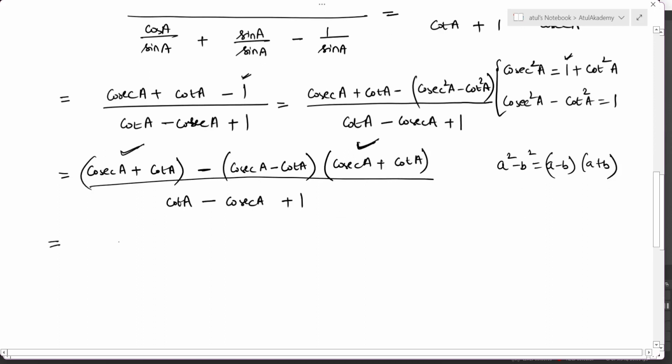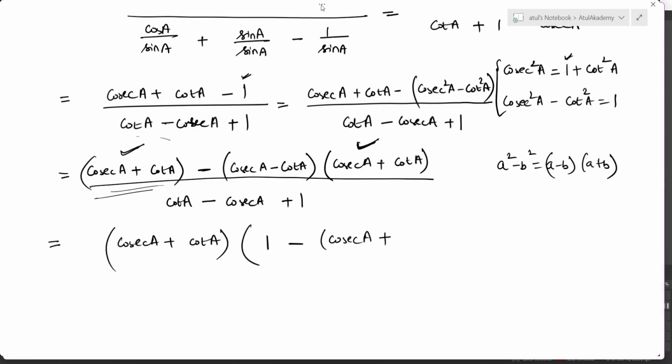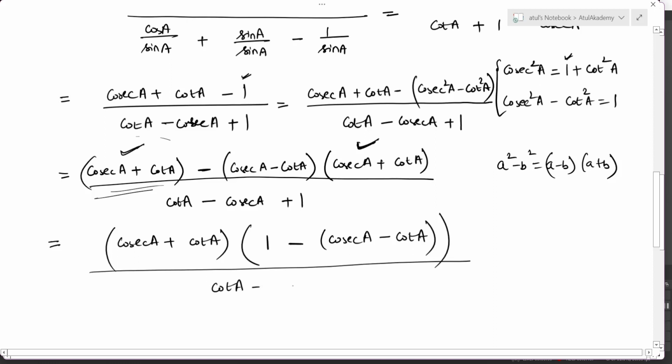When I take them out, cosec A plus cot A, this is gone out. So what is left over here? Only 1 minus cosec A minus cot A, because I have taken common, it will be minus, divided by cot A minus cosec A plus 1.